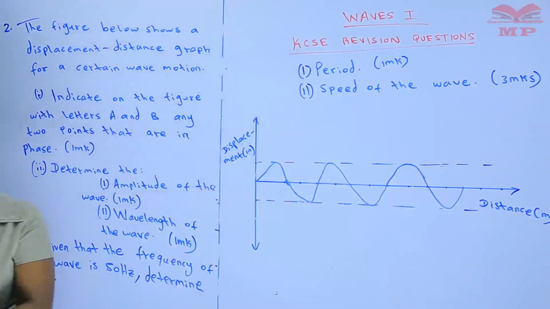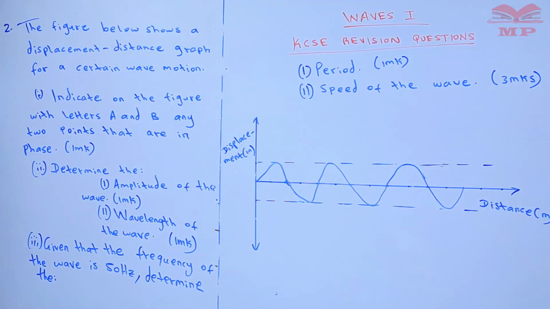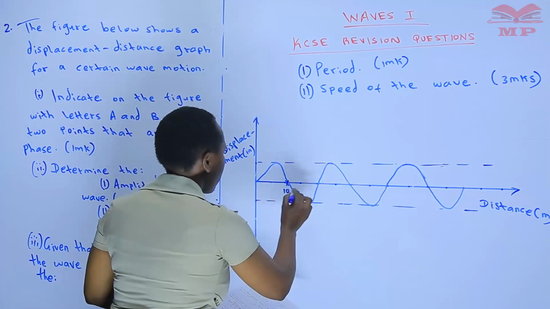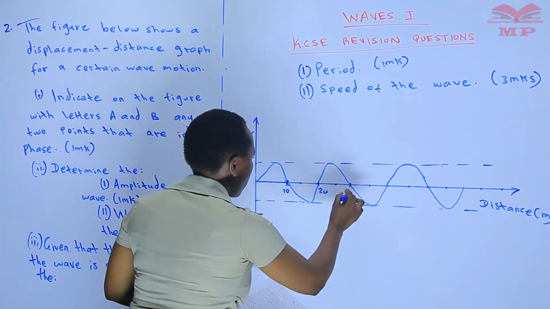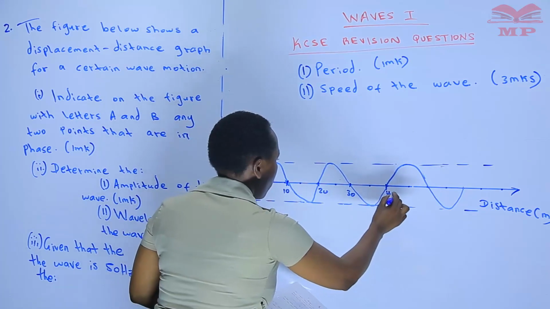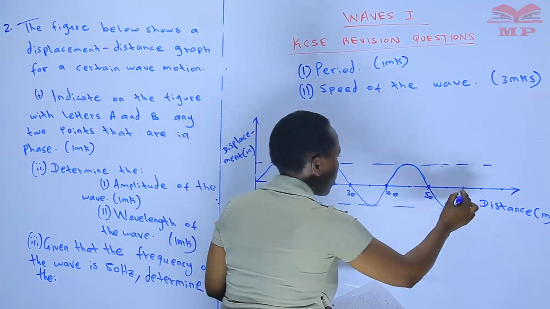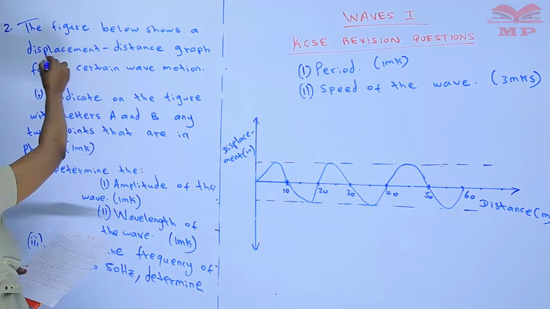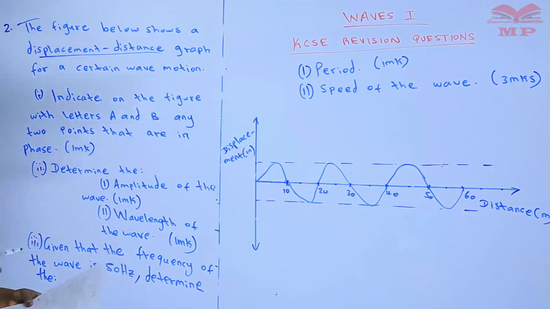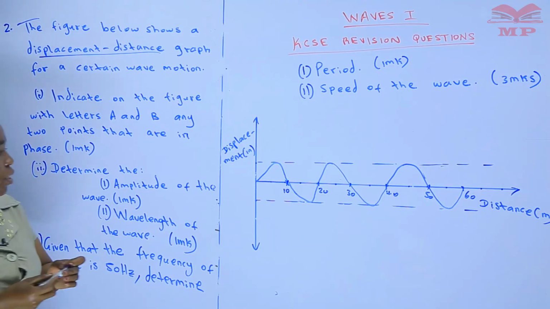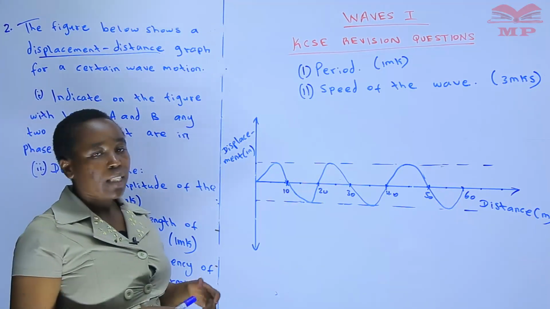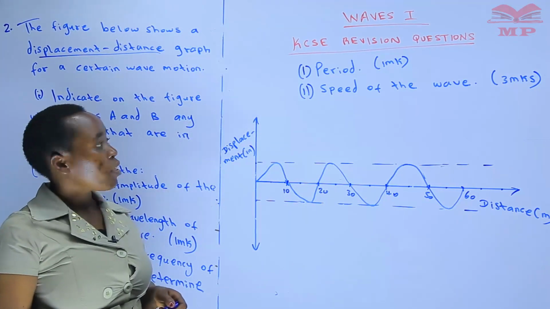So that is the wave, and we've been given the following. This is 10, 20, 30, 40, 50, and 60. So that is the wave, the displacement distance graph for that wave motion. So you can use it to answer the questions that you have been given. So that is on waves 1.